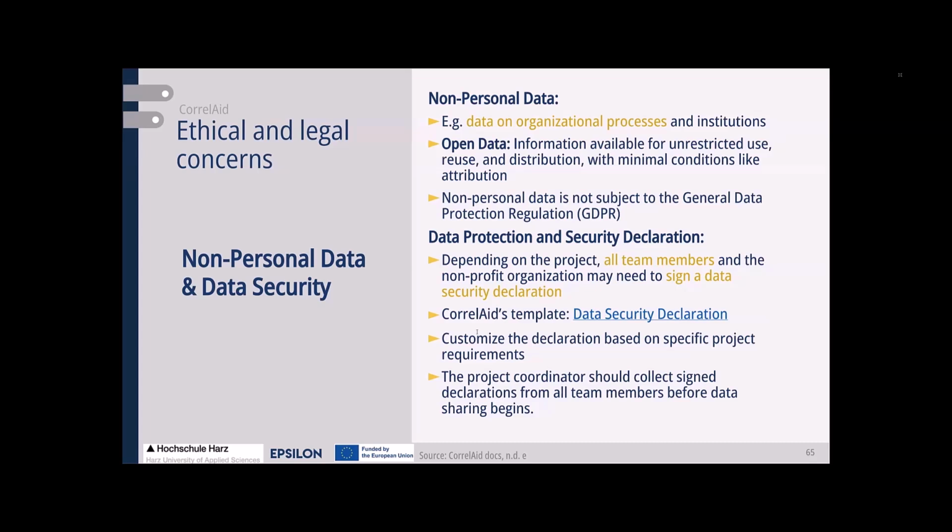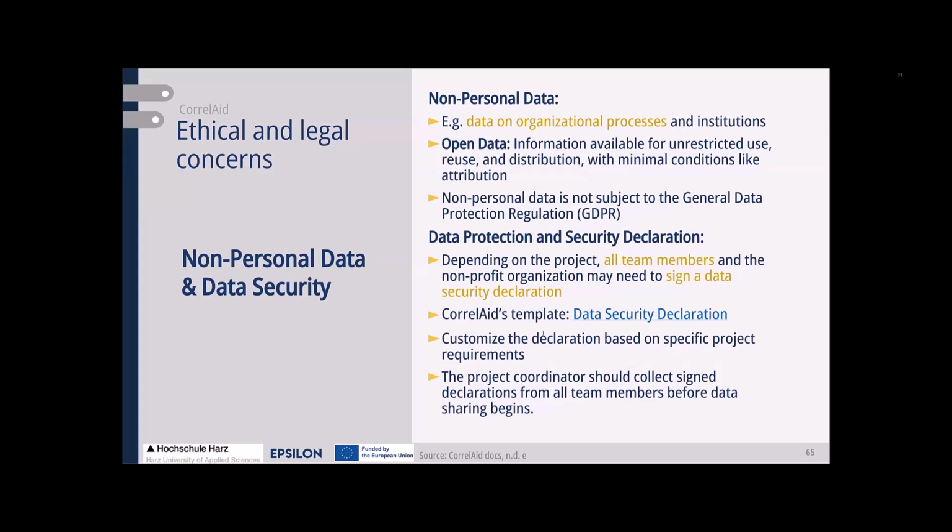Depending on the project, all team members and organizations should sign a security declaration beforehand. That means, in order to provide transparency and clarity about the data that you're allowed to work with, before you start the project as a voluntary organization, you should sign a security declaration. We provide a link to the security declaration of CorrelAid, and you should customize the declaration based on the specific project.